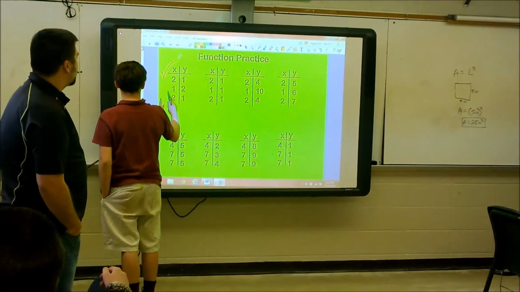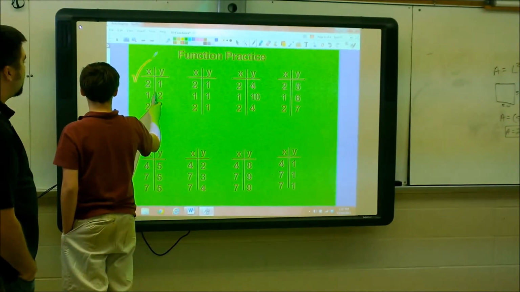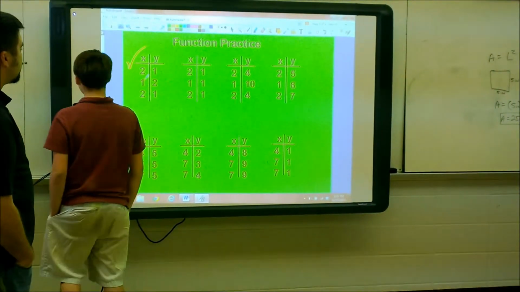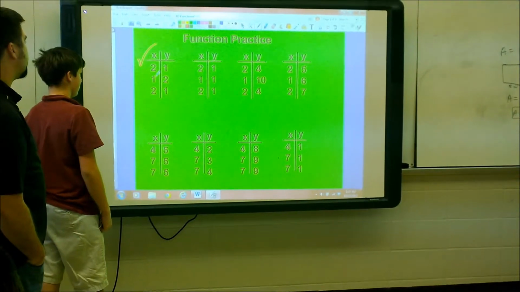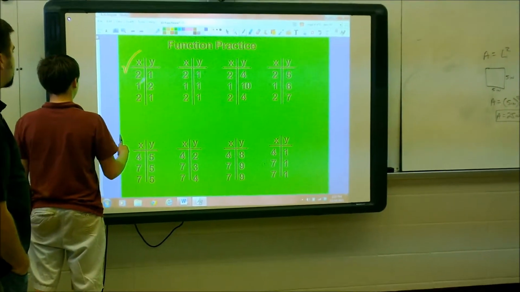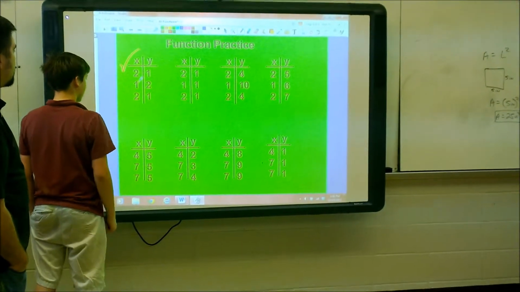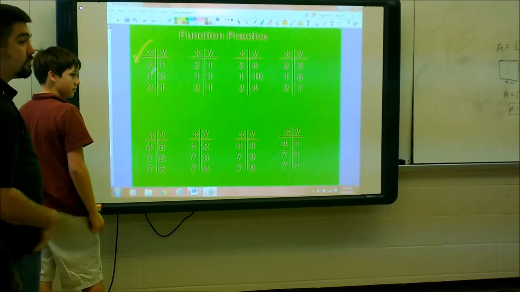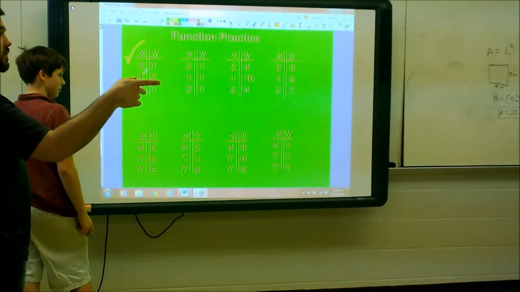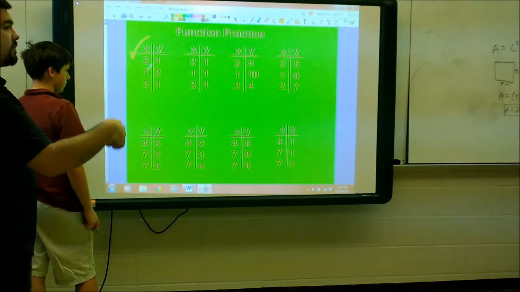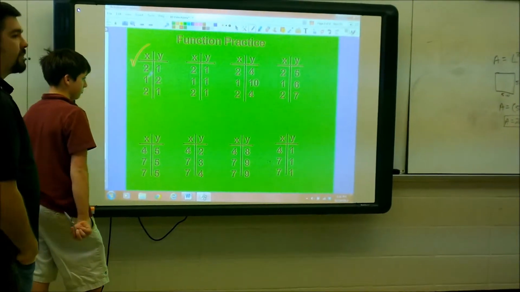Why? So based on our definition, how would you say that it is a function? That has only one input. It's predictable. Let's see one of them. Okay, well come find me one, Nate. Good job.